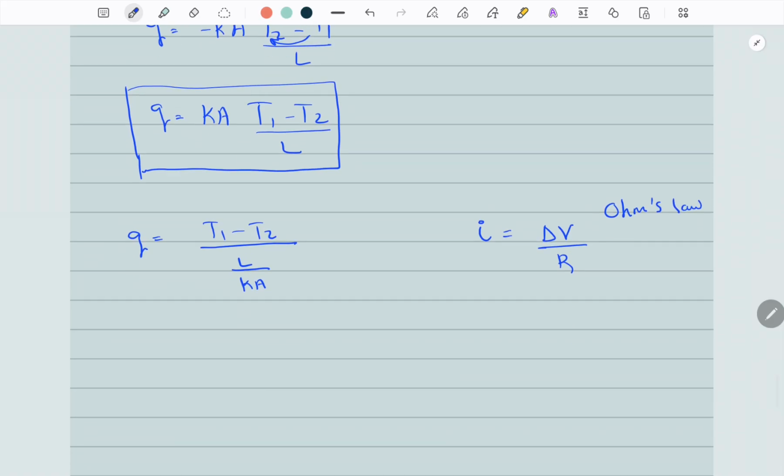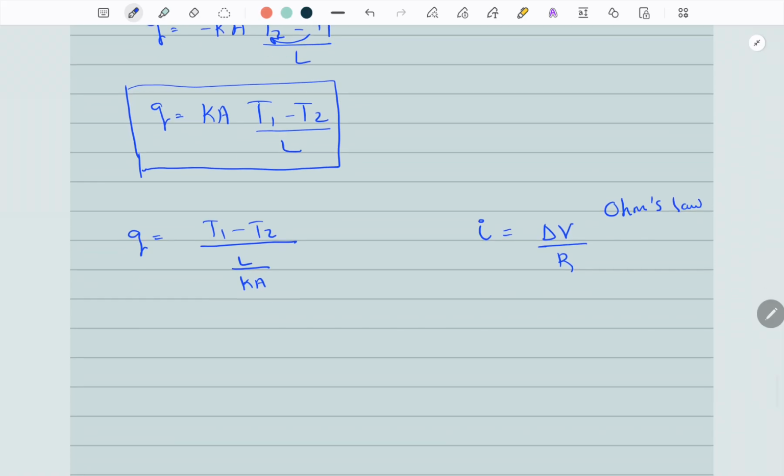From comparing it to Ohm's law, we can say that this term here is the thermal resistance, which is the conduction resistance, L over kA, while T1 minus T2, this term here, is the temperature gradient.